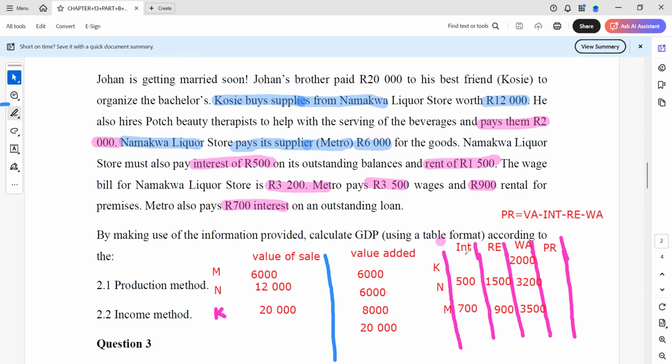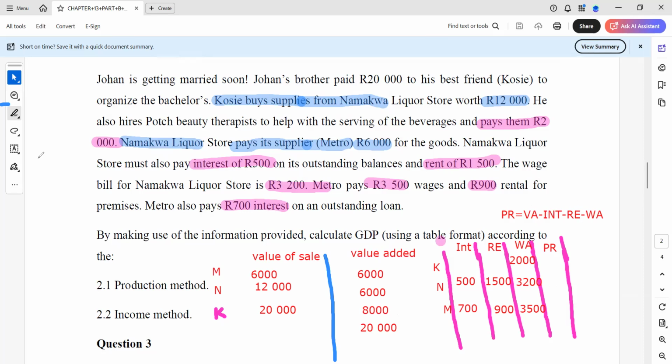Because he did not pay any interest or any rent, there are only the wages, because he also hired these people here, the Poach Beauty Therapist, to serve beverages. So you're gonna say 8,000 minus 2,000, right?